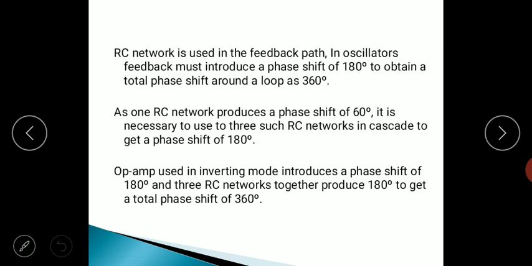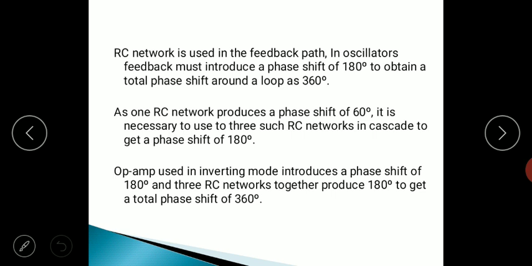So we know that when we use a resistance and capacitance, we can get a phase difference between the input of that RC section and the output from 0 to 90 degree or less than 90 degree, right? Because if you use only a capacitor, you can get a phase difference of 90 degree. So when you use capacitance and resistance, definitely the phase shift will become less than 90 degree. So we are designing each RC section for 60 degree. So 3 identical RC sections, when you use together, you get 180 degree.